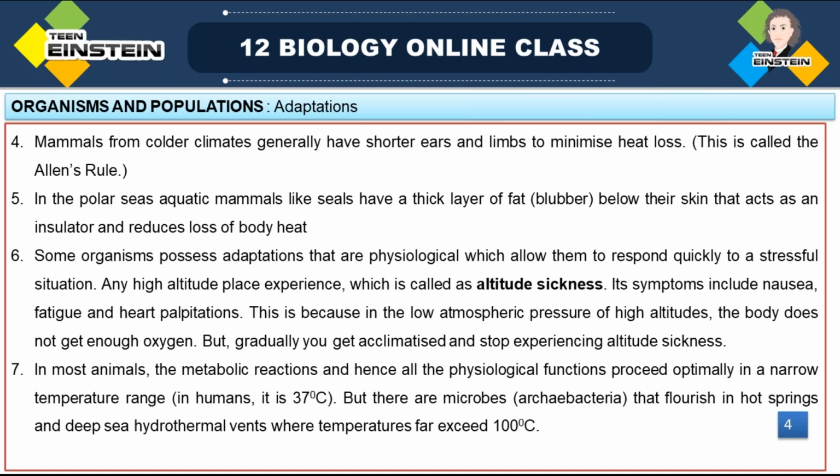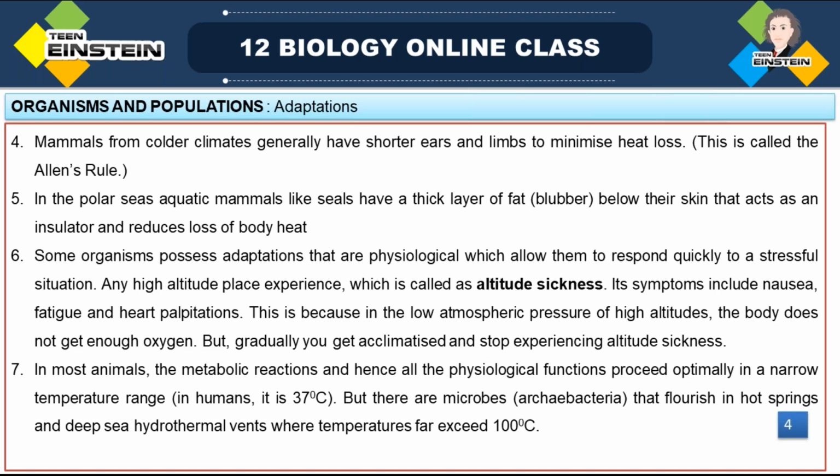Why is it not getting enough oxygen at high altitude? Because of low atmospheric pressure. Due to that, it causes nausea. Nausea means a feeling of sickness, like a vomiting sensation.